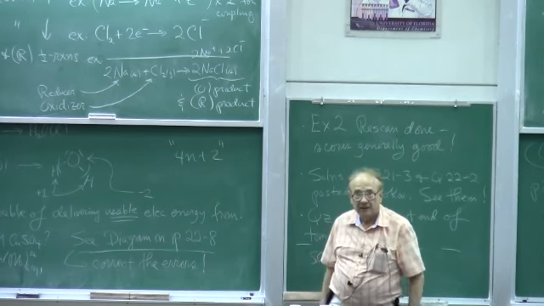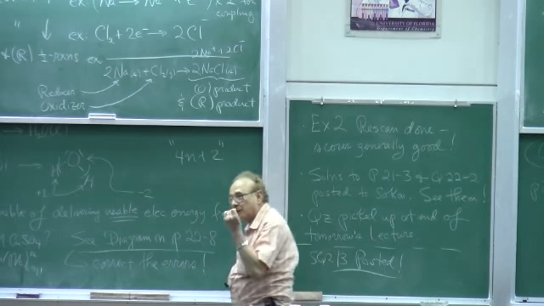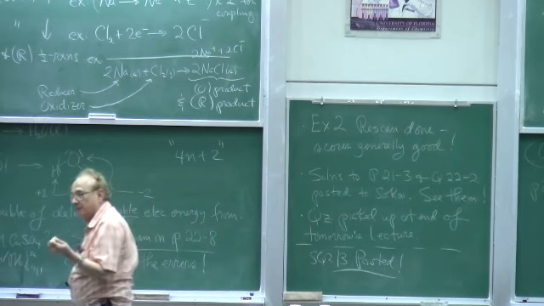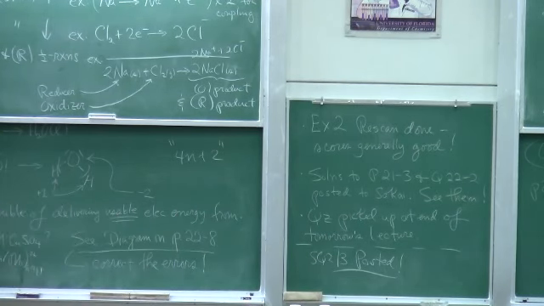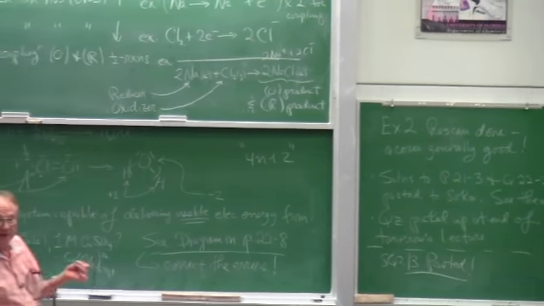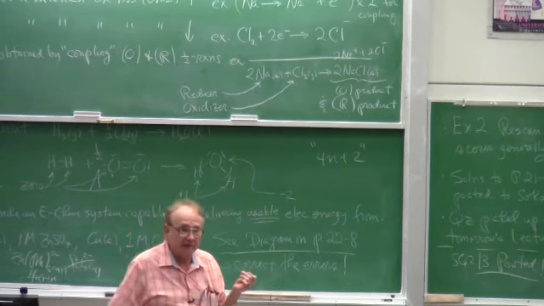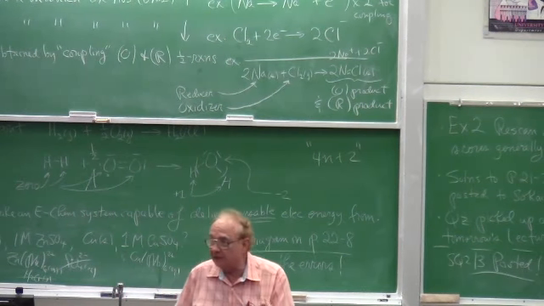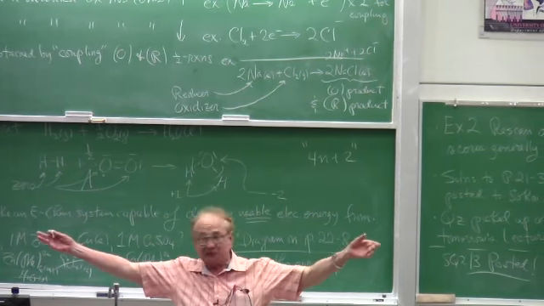Because if zinc is a stronger reducer than copper, then hydrated copper ion's got to be a stronger oxidizer than hydrated zinc ion. But if copper is a stronger reducer than zinc, then hydrated zinc ion's got to be stronger oxidizer than hydrated copper ion.